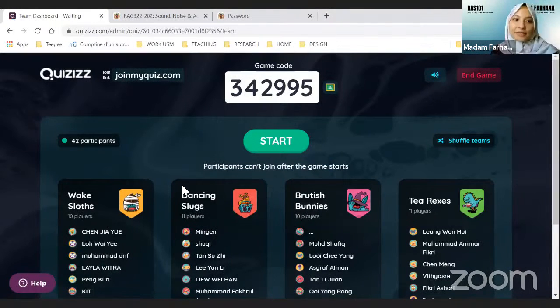For those who join faster, join this quiz. Again, those who just joined, join my quiz and then key in this game passcode.